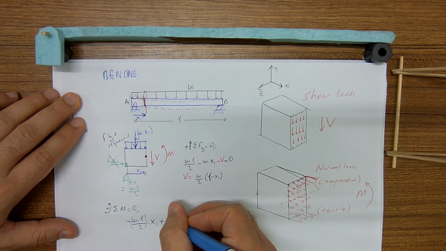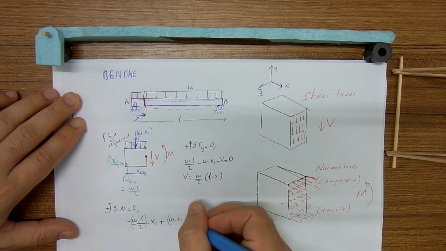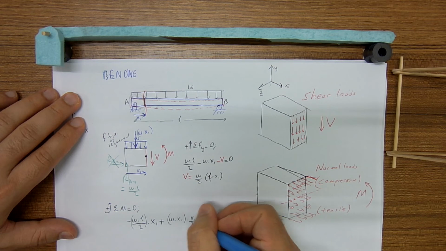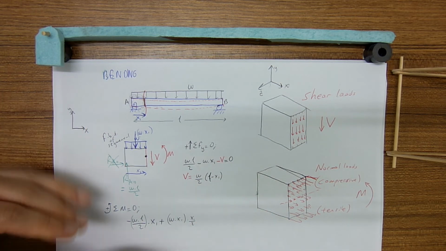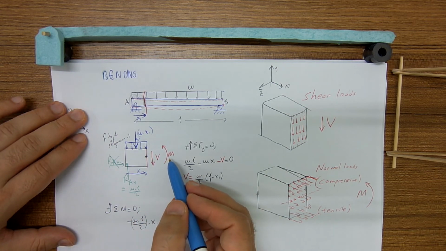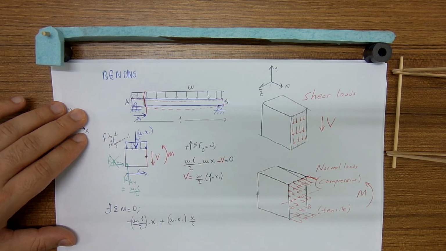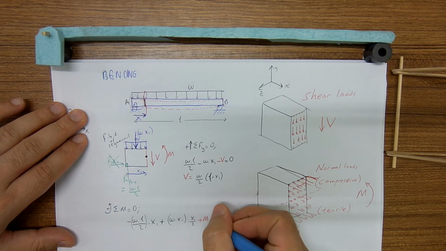Therefore it is positive: W times x1 times the force arm x1 over 2. And finally, around this point, the third moment effect is the internal moment, and it is shown in positive direction.